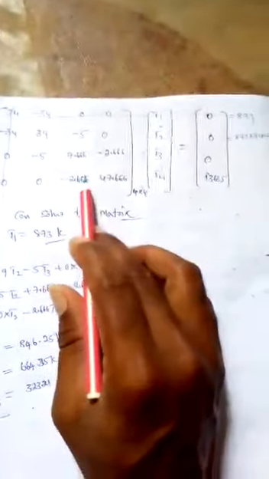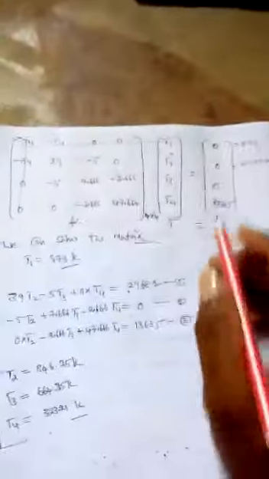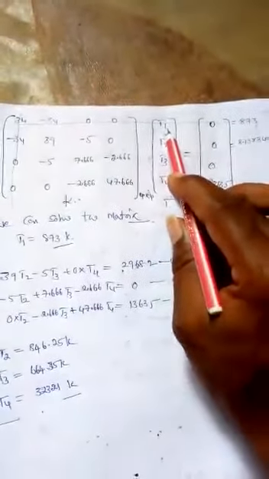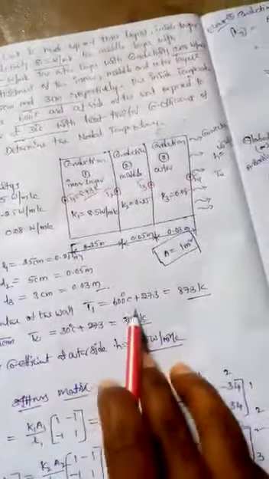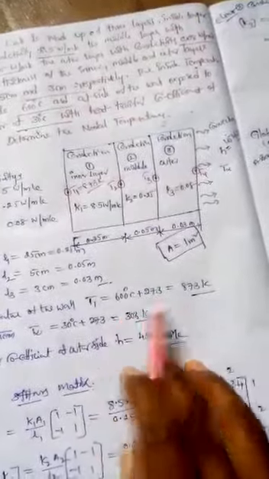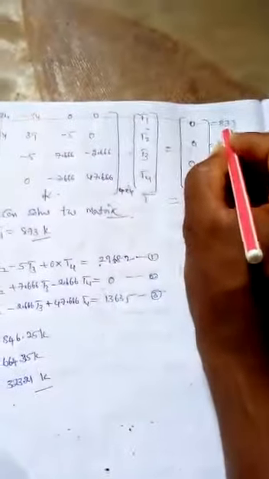Next, to calculate T1 T2 T3 T4 in this equation KT equal to F. T1 is given in this problem. T1 equal to temperature 600 degrees centigrade plus 273, that equal to 873.